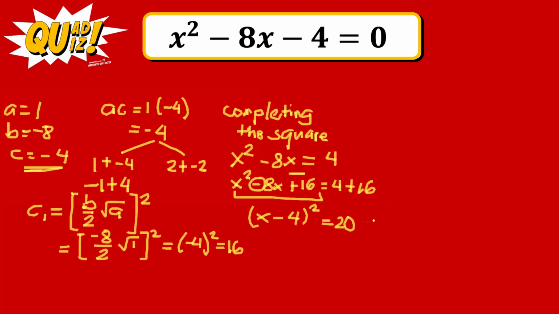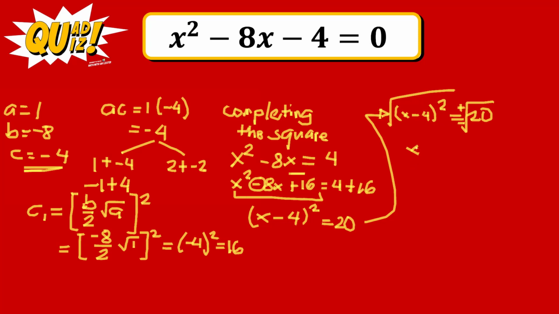From here, we can now further solve this as we take the root of both sides. Again, we have the square of x minus 4 is equal to 20. Now, we take the root of both sides, and we have plus minus here.